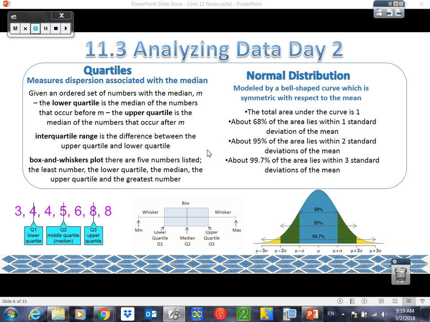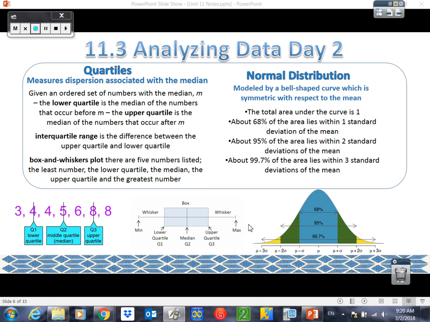They also have a special diagram, if you will, on how to display this data, the quartiles. It's called a Box and Whiskers Plot. That's this right here. This is our Box and Whiskers Plot. Really there are just 5 numbers on here, and if you hear 5 number description, they're talking about these 5 numbers. We have the minimum number, the very smallest number of our data, and we have the maximum number, the very largest number in our data.